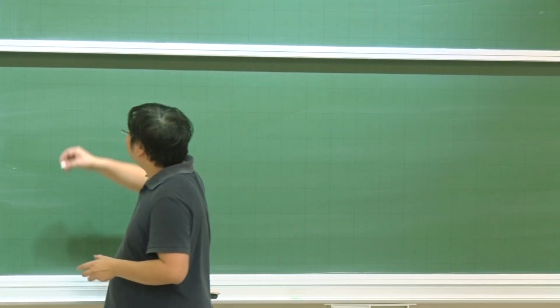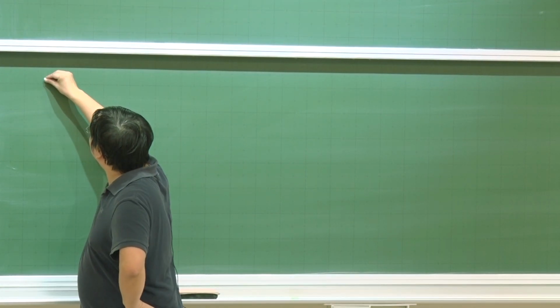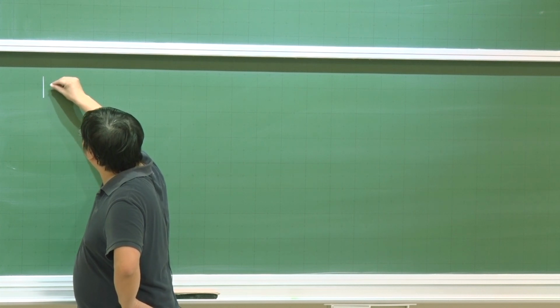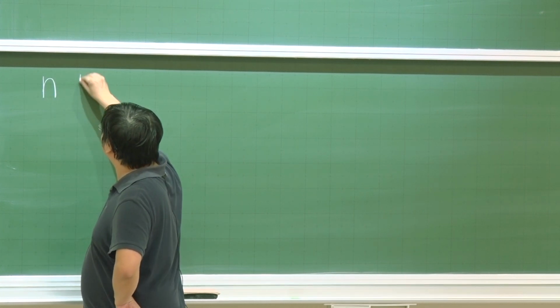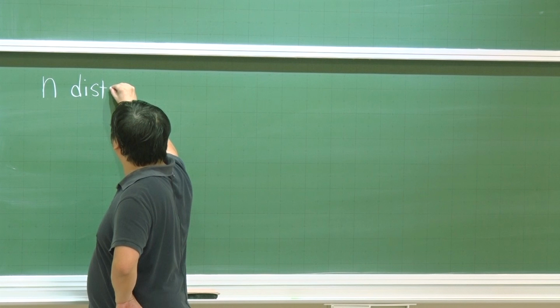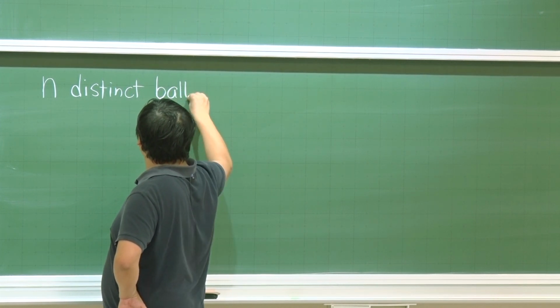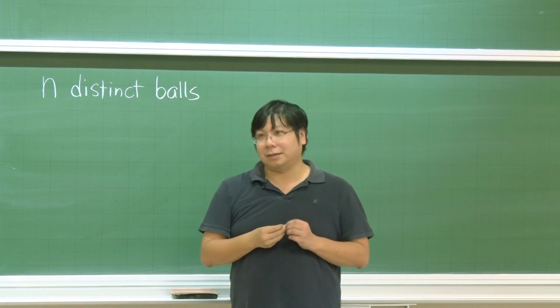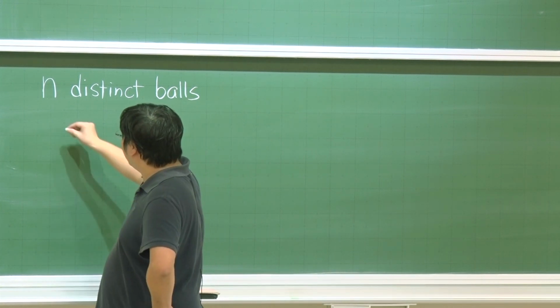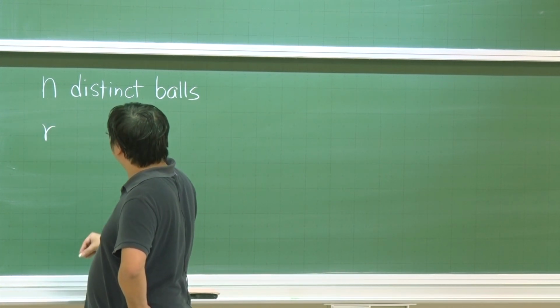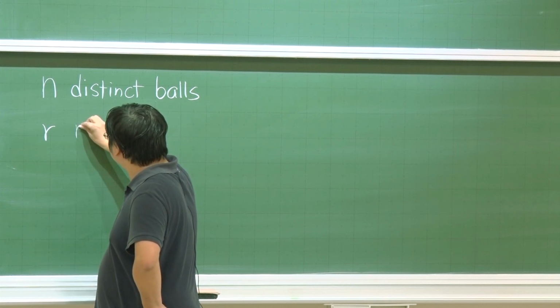So we need to solve another problem. Suppose that we have n distinct balls. So balls are distinct. And then let's say we have R non-distinct boxes.